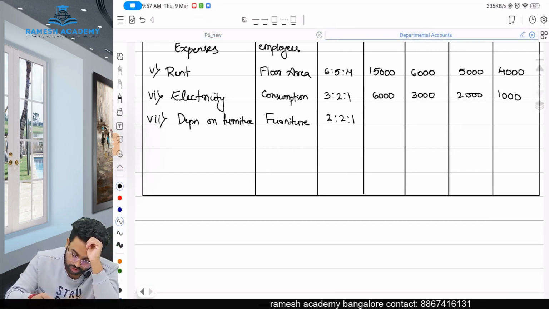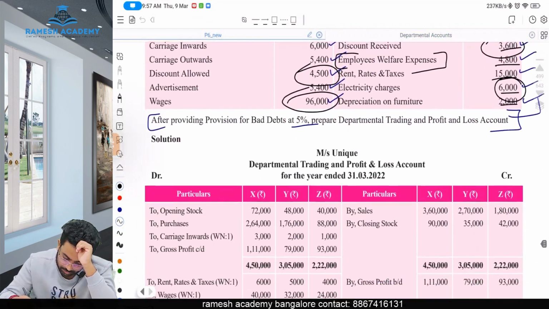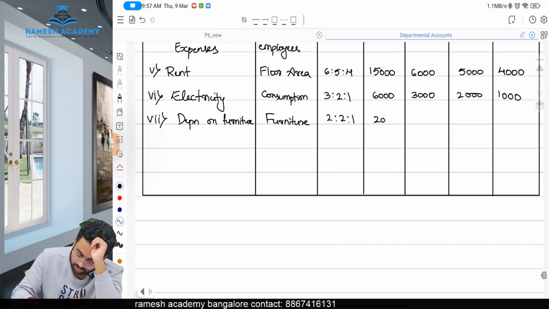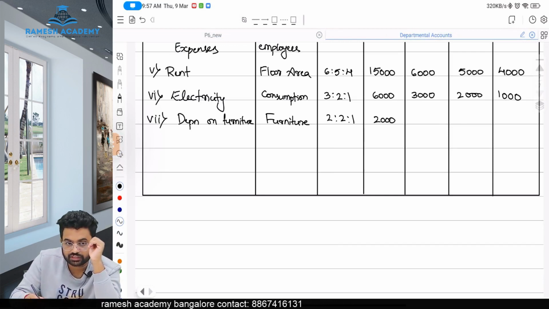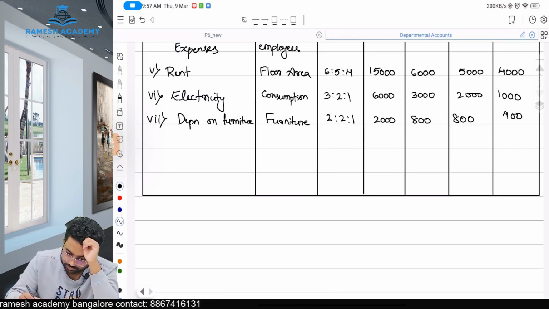So how much is the depreciation? 2,000 they are telling. 2,000 divided by 5 will come to 400, 400 into 2 will come to 800, 800, 400. Okay, sir.